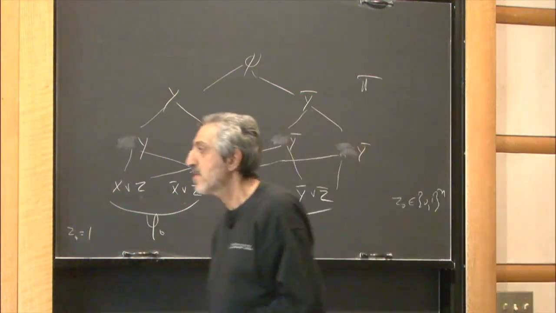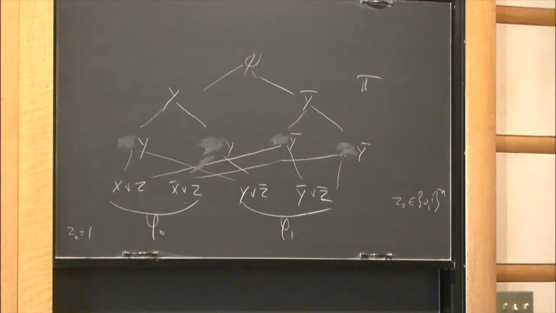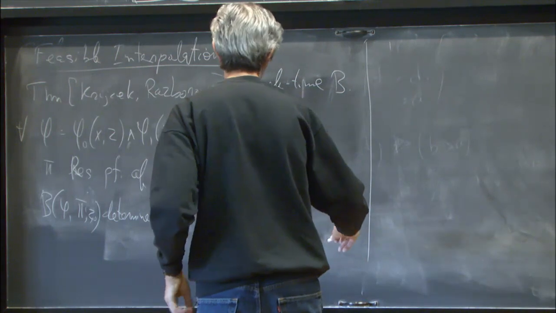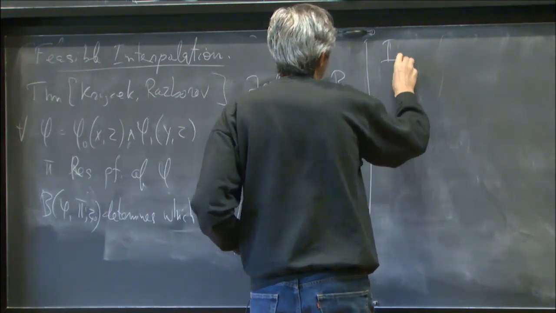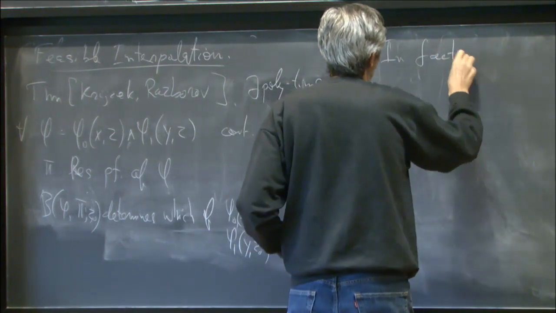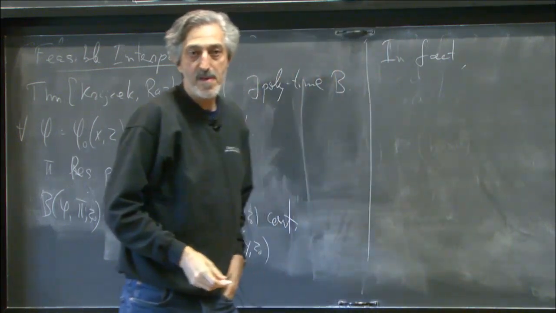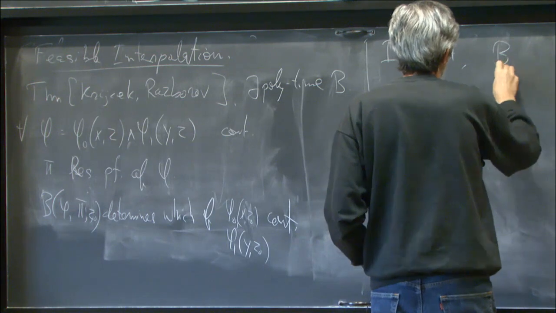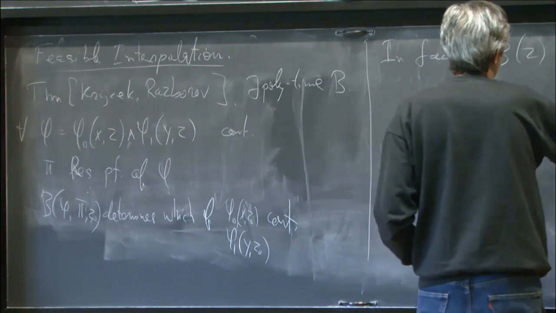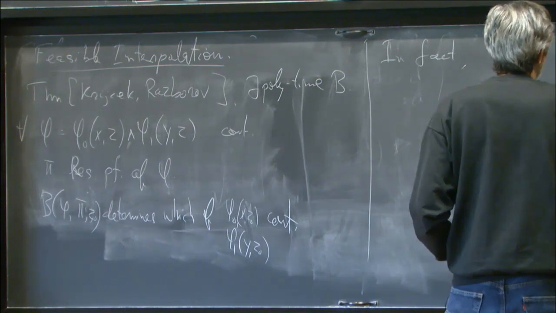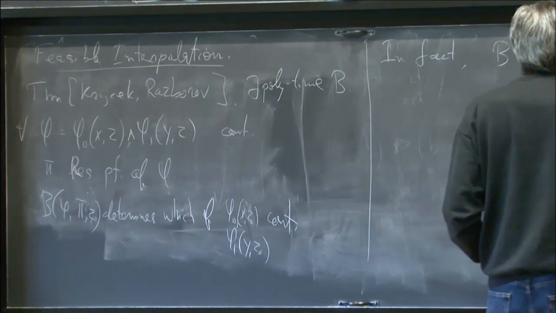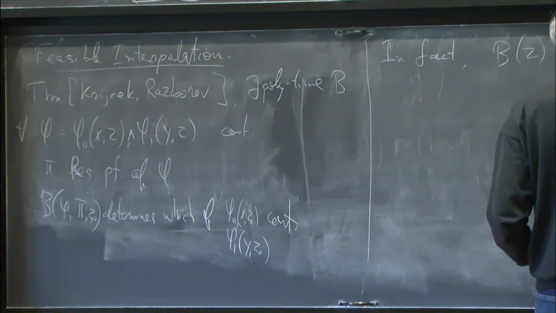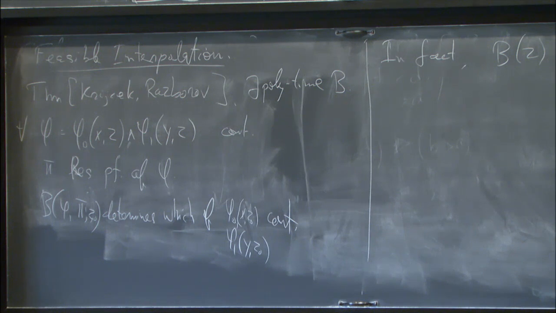But it turns out that what they proved is more. In fact, two things. You can make B of Z a circuit of size linear, or anyway polynomial in pi.